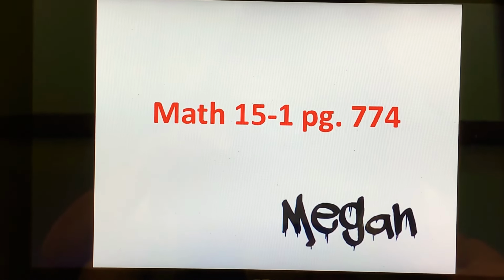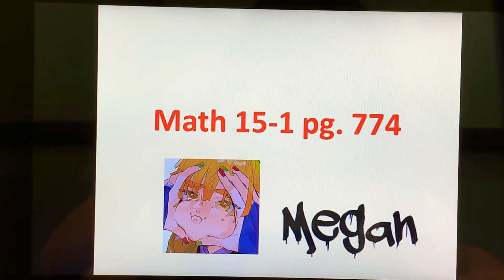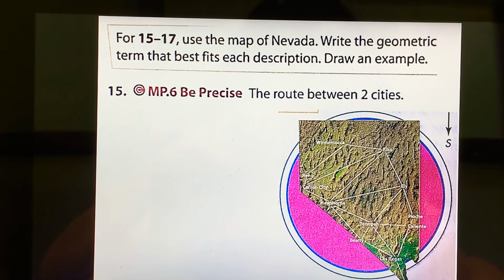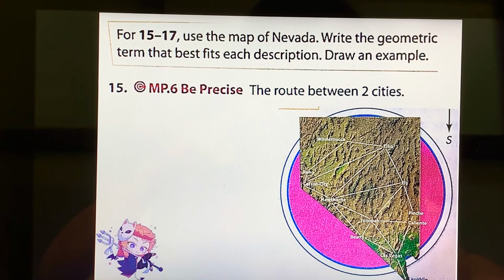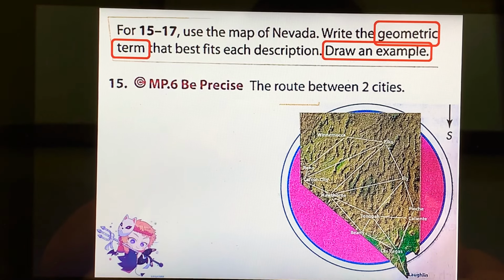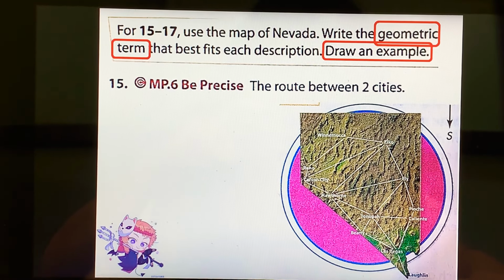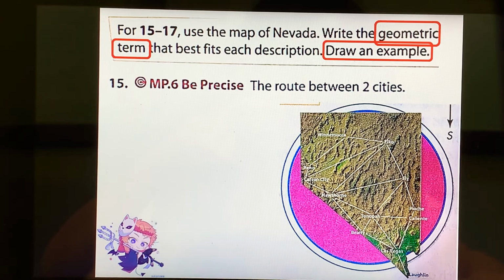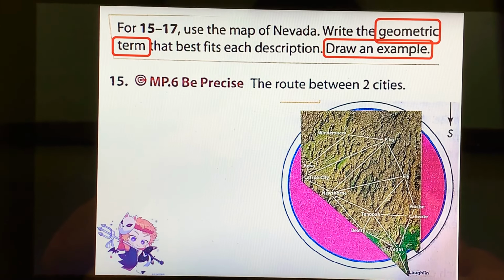Let's move on. Page 774. For questions 15 through 17, use the map of Nevada. Write the geometric terms that best fit each description. Draw an example. 这是一个内华达州的地图，请你按照题目的需要写出几何名称。15.